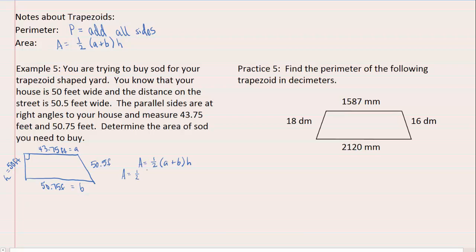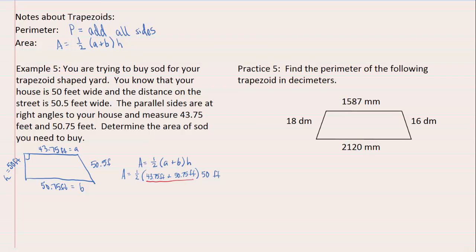Our area equals 1/2 (A, which was 43.75 feet, plus B, which was 50.75 feet), and multiply that by the height, which was 50 feet. First, let's add the two bases together, 43.75 feet and 50.75 feet.